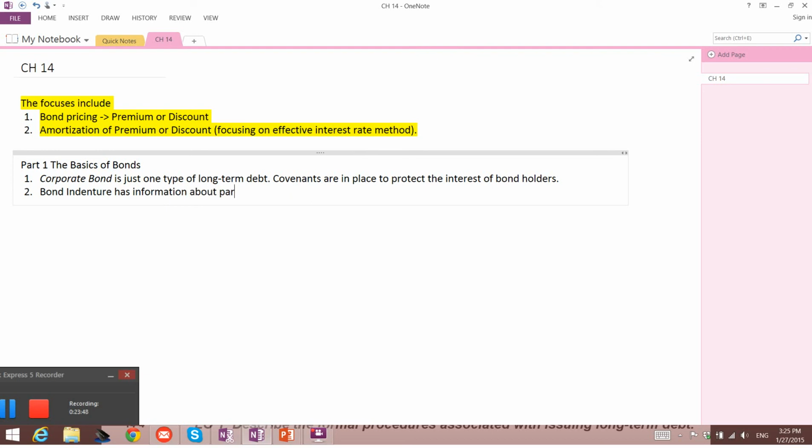Let's call it the par value, the interest rate, or what we call coupon rate. Sometimes it is called coupon rate, and the number of payments per year.